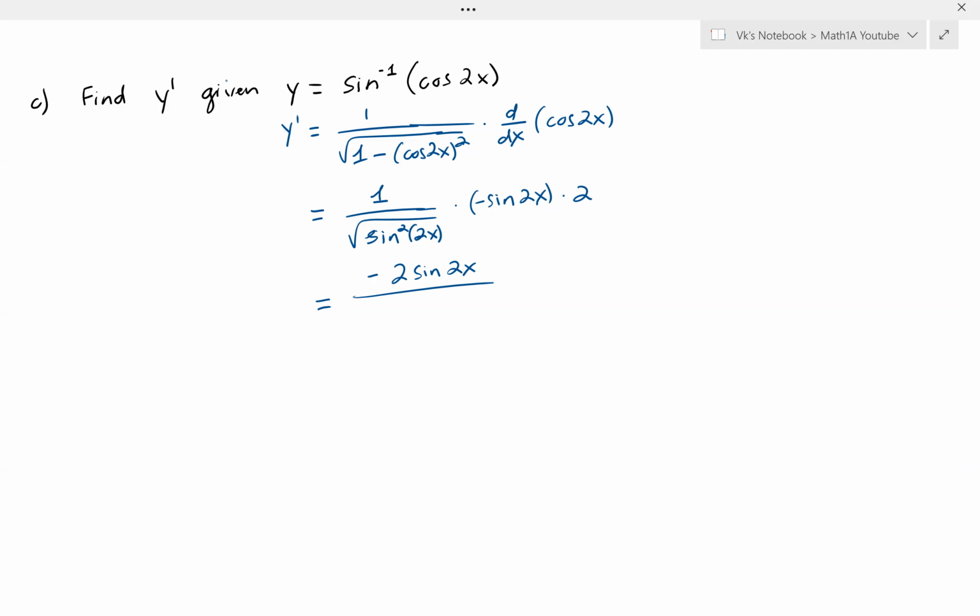We can simplify this a little bit. If you can remember, root of x squared is the absolute value of x. So this would be the absolute value of sine 2x.